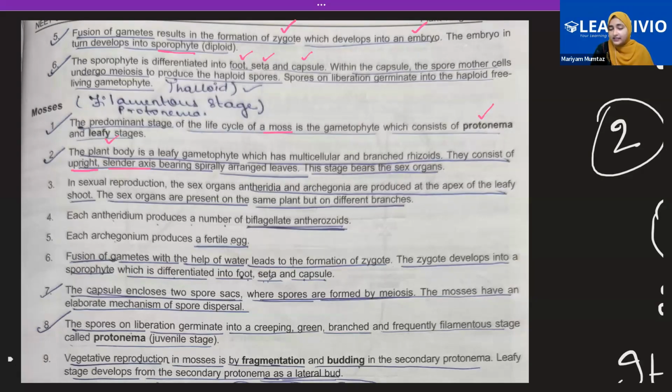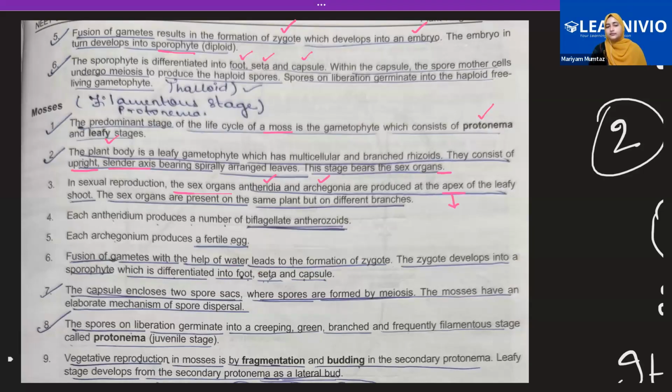This stage bears the sex organs, obviously, since it is the gametophytic stage. In sexual reproduction, the sex organs, antheridia and archegonia, are produced at the apex. What is the meaning of apex, students?